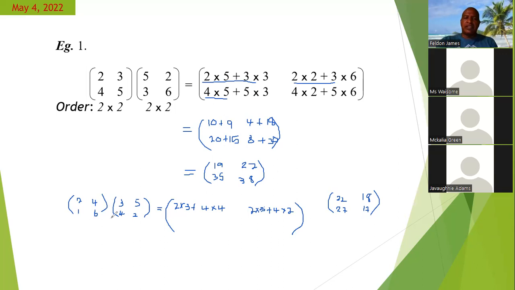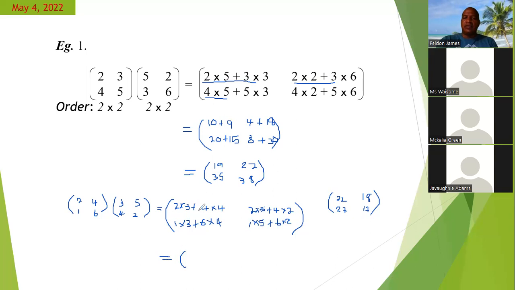Now second row with first column, so we're going to have 1 times 3 plus, we're going to have 6 times 4. And now we have second row with second column, 1 times 5 plus 6 times 2. All right, so all we have to do now is to do the calculation.